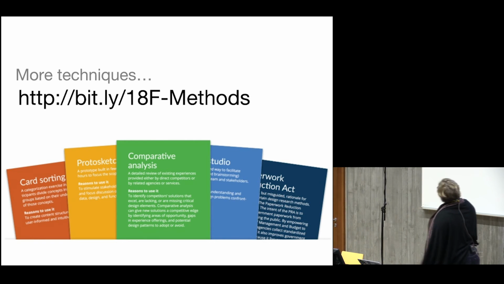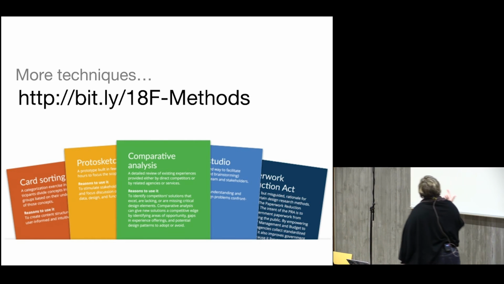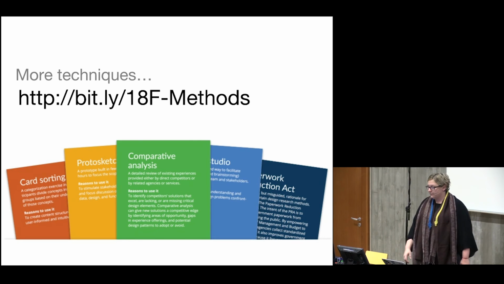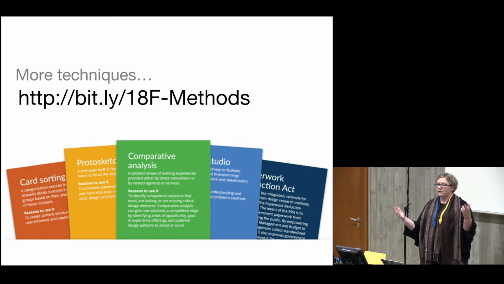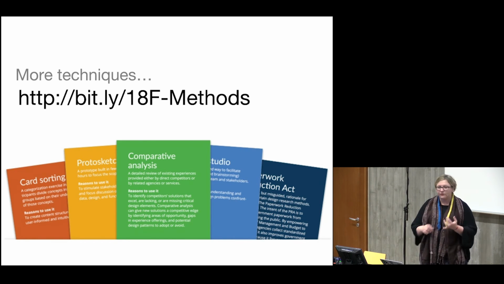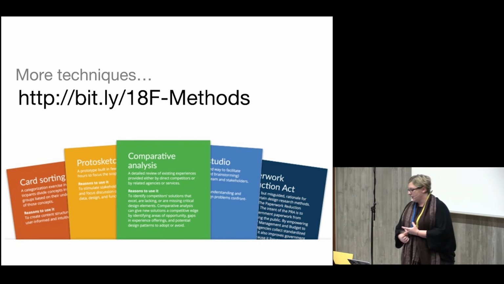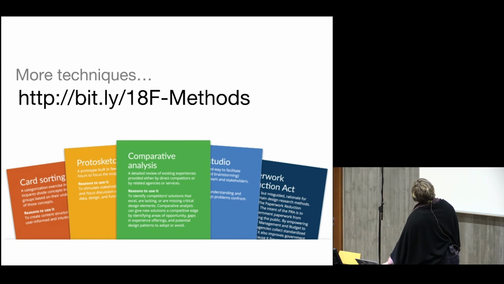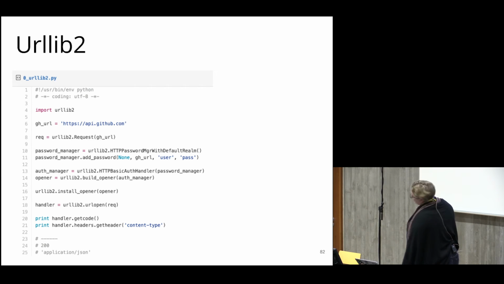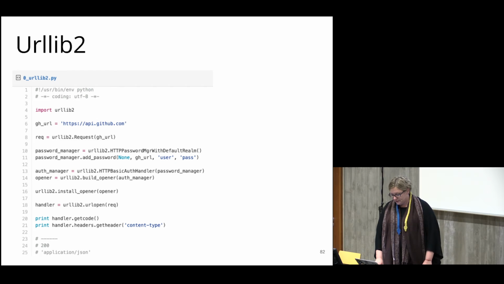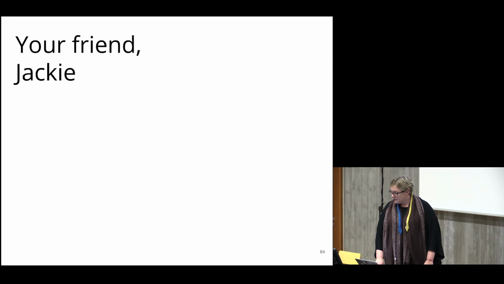So a lot of these methods you can find at this link. 18F actually made a bunch of cards. It talks about the affinity diagramming, the dot voting, the journey mapping, and some other things that weren't shared. So the purpose of this, like I said, is to take something like that and bring it to that.